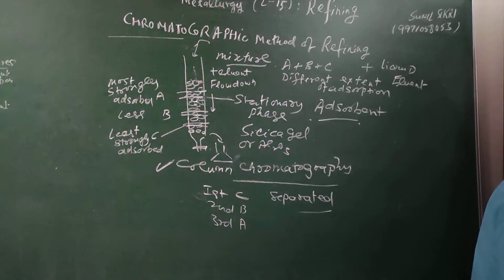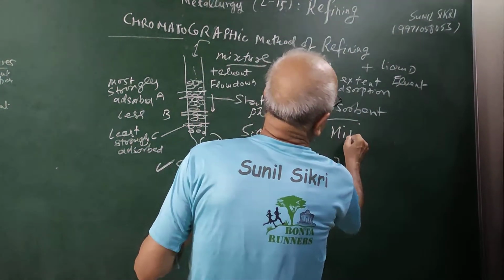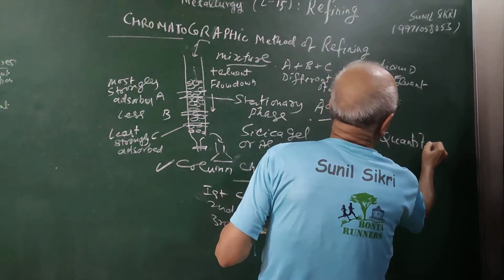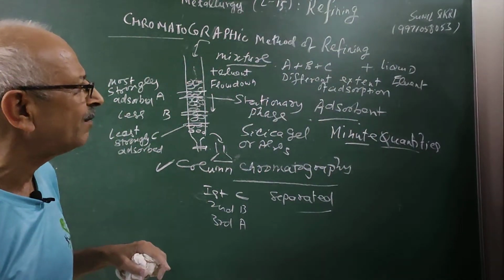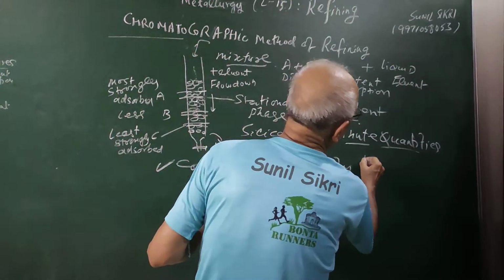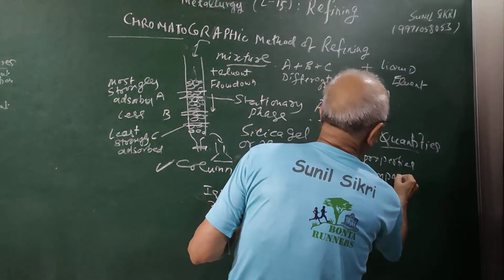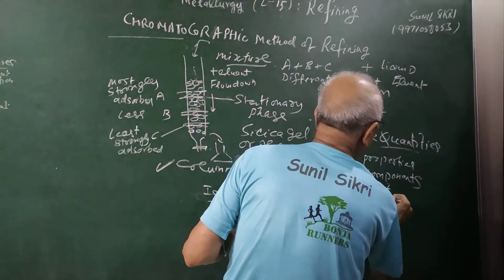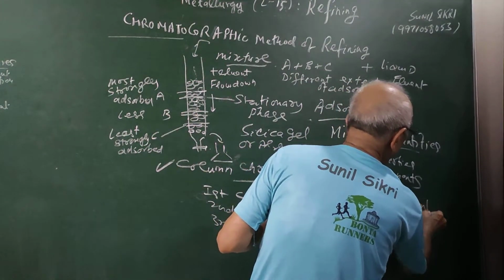This is called column chromatography, and the important point is that it is used when you have minute quantities. Chromatography is used when you have very small amounts of the components present in the mixture, the properties of the components are not very different, and other methods are not possible.